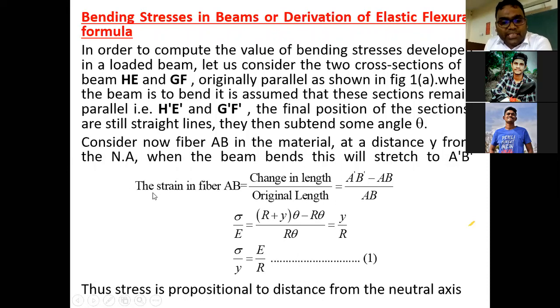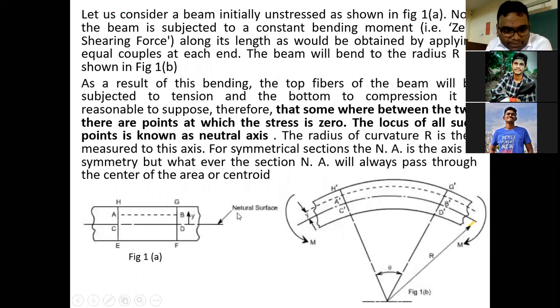So the strain in fiber AB, you see this fiber AB, this is initial. What is the formula for strain? Change in dimension upon original dimension.